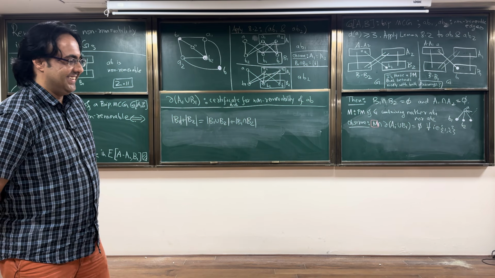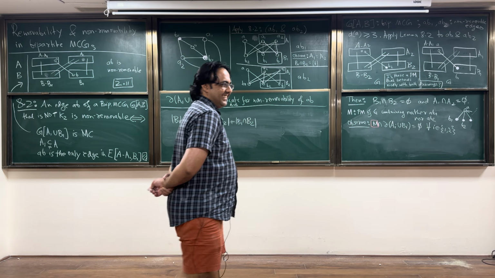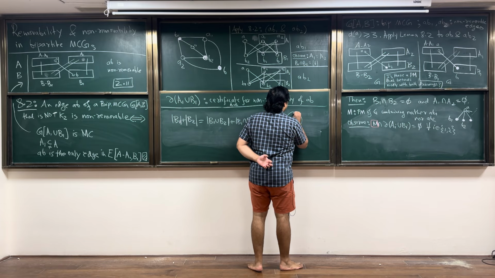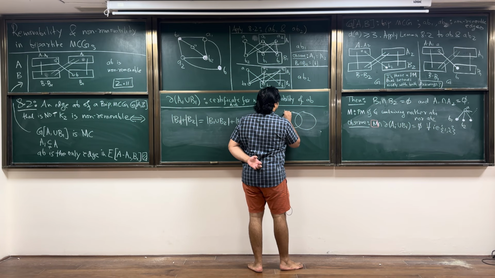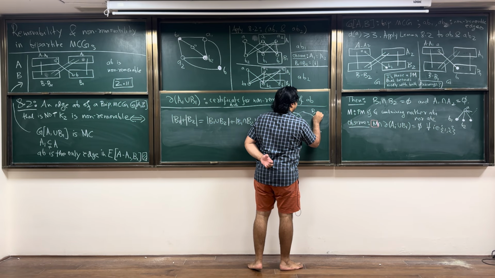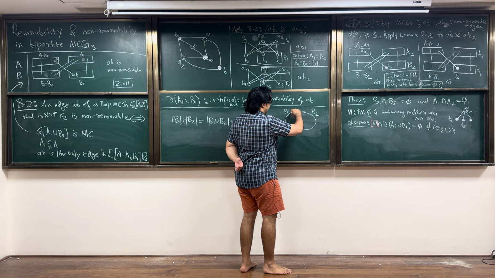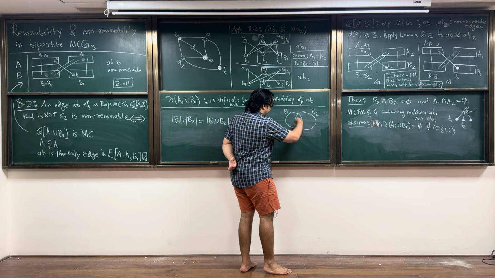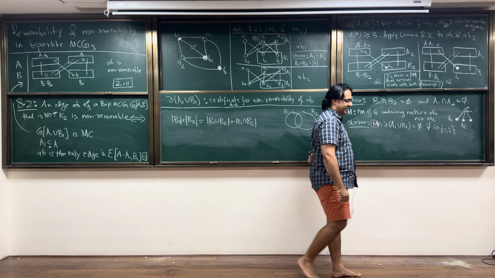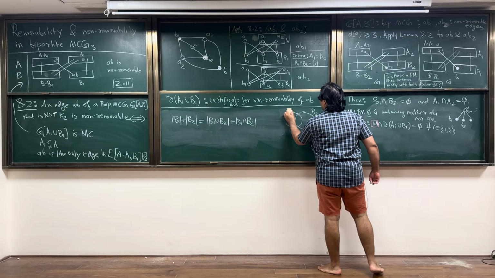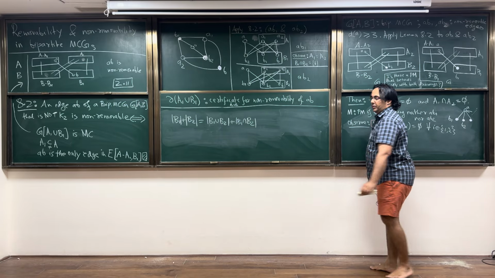Cardinality of this fellow plus cardinality of this fellow is simply the cardinality of the union, but I have to add the intersection again because it was counted twice on the left hand side. So I have to count it once more. Okay, this is fine.